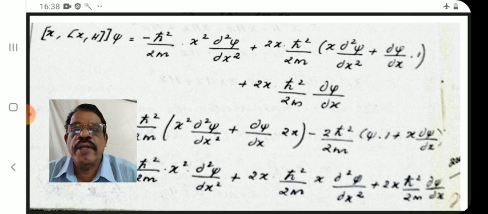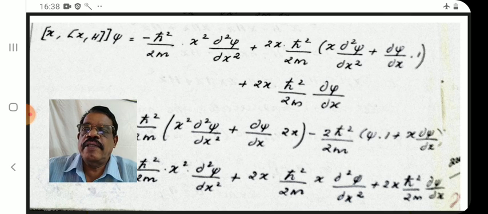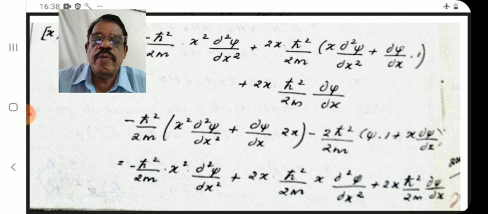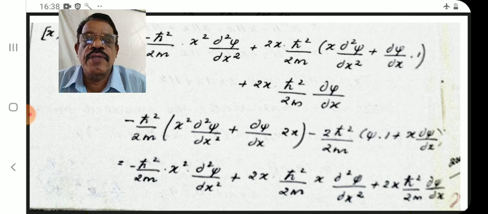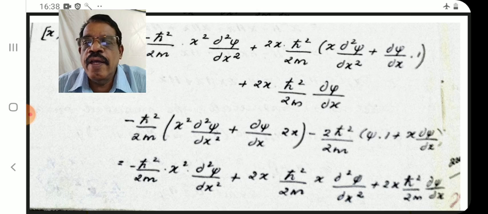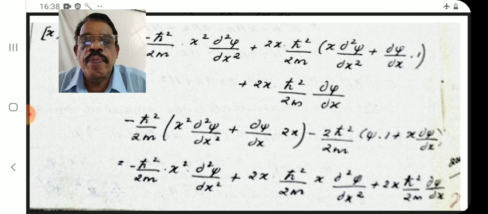We apply the product formula. Plus 2x ħ²/2m ∂ψ/∂x minus, the step continues. Product formula again we apply. Minus ħ²/2m into x² ∂²ψ/∂x² plus ∂ψ/∂x into 2x minus, again product formula, minus 2ħ²/2m into ψ into 1 plus x ∂ψ/∂x.